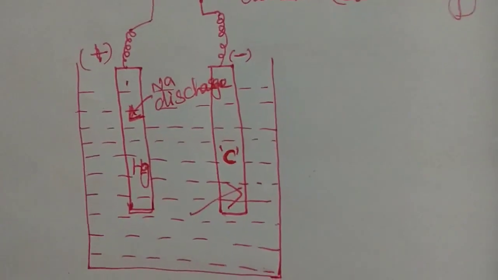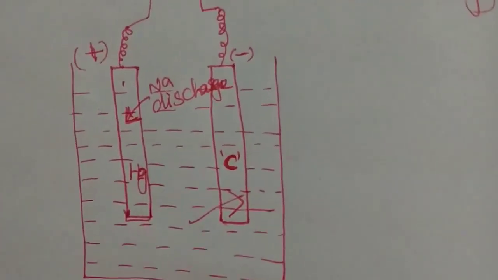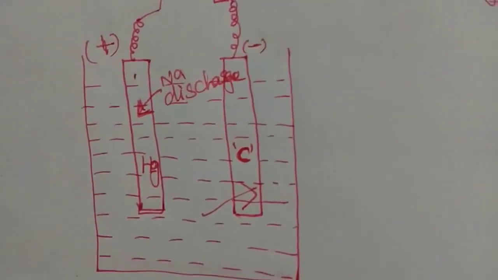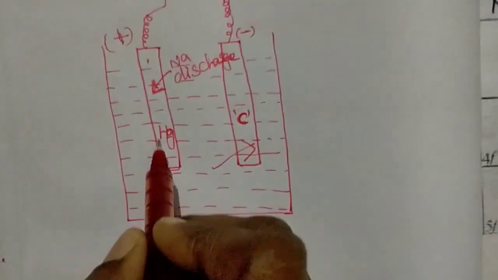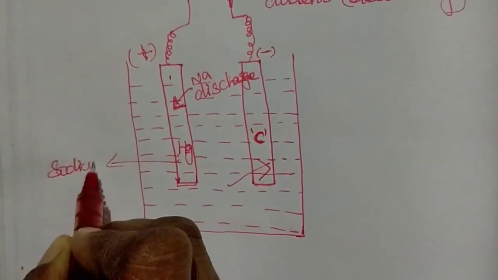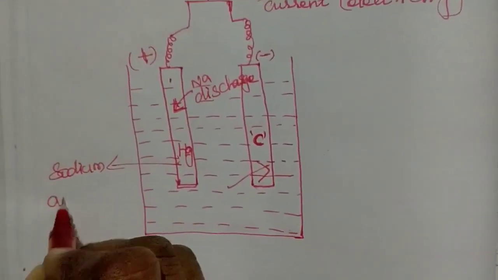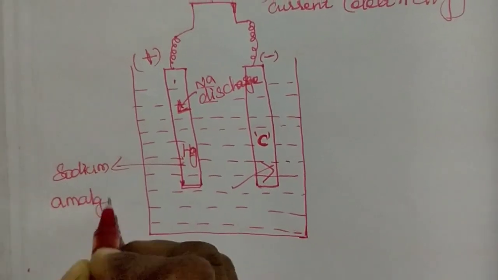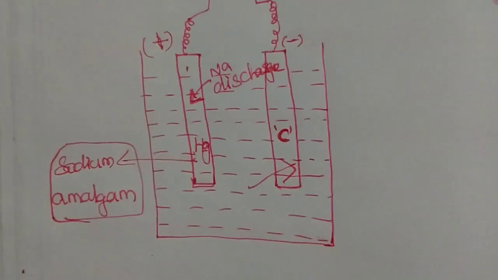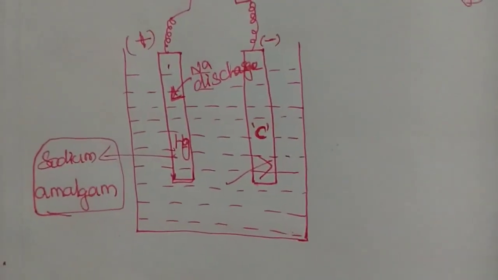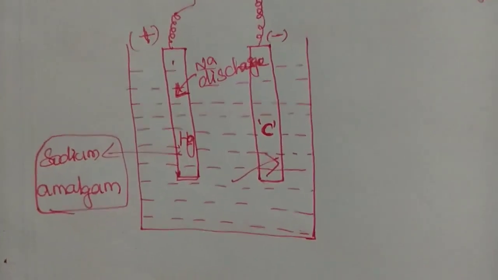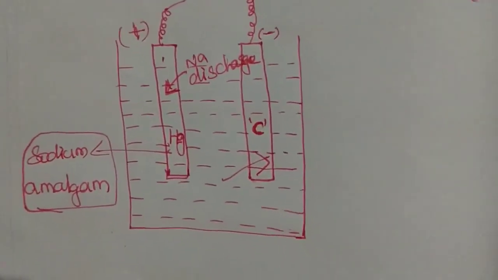The sodium discharged into the mercury cathode rod is generally known as sodium amalgam. Why is it called sodium amalgam? Because it is combined with mercury. The combination of mercury with the compound is known as sodium amalgam.